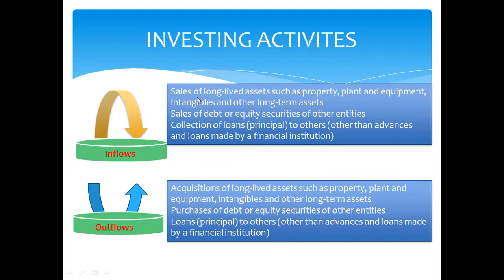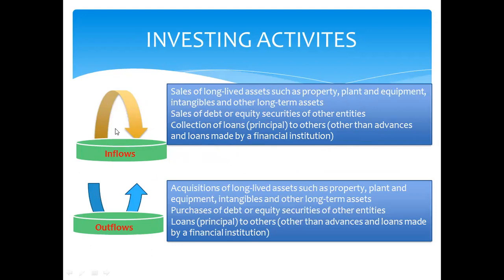We have sales of long-lived assets such as property, plant, and equipment, intangibles and other long-term assets, sales of debt or equity securities of other entities, and collection of loans, the principal amount only, to others other than advances and loans made by a financial institution.